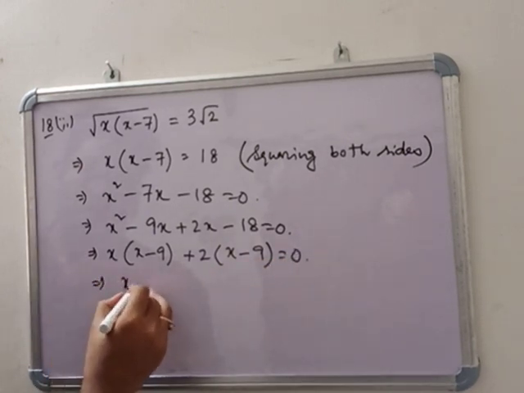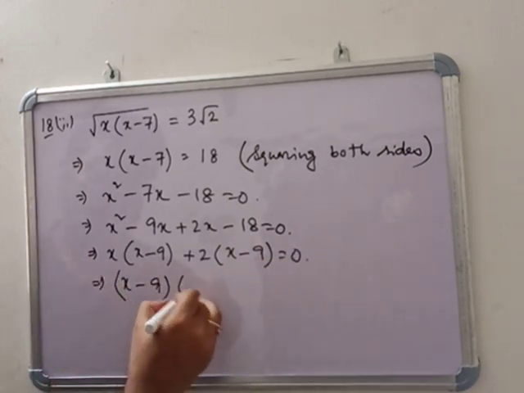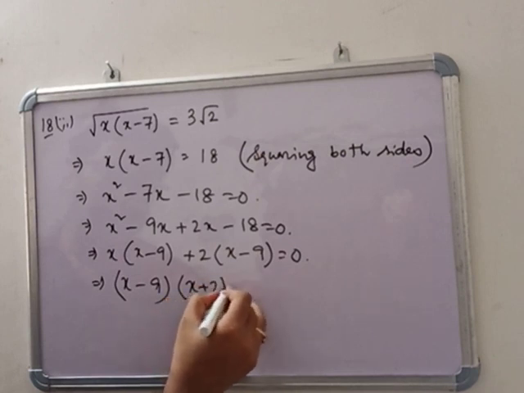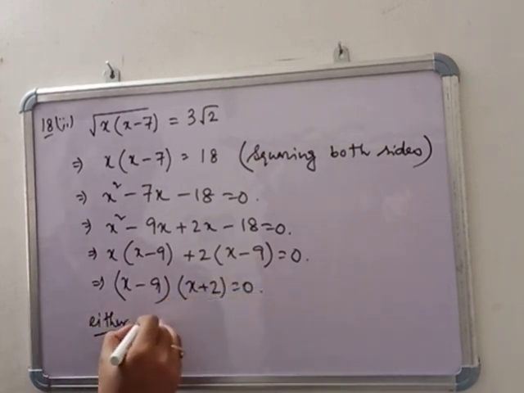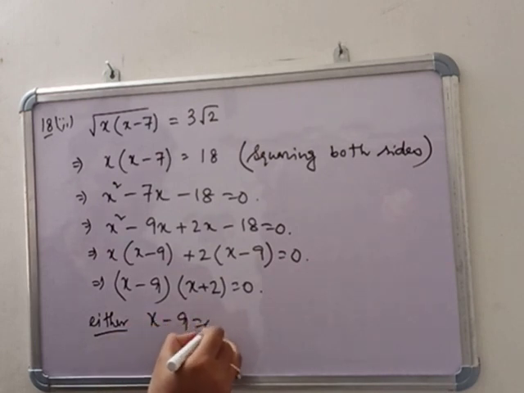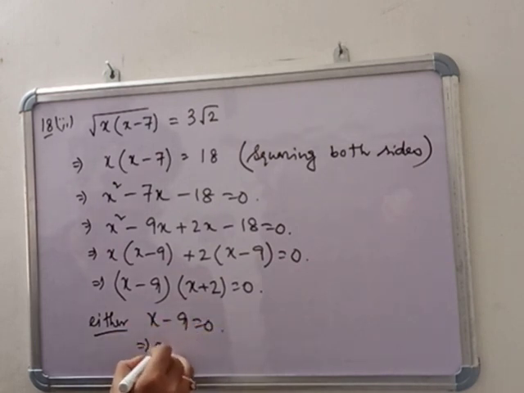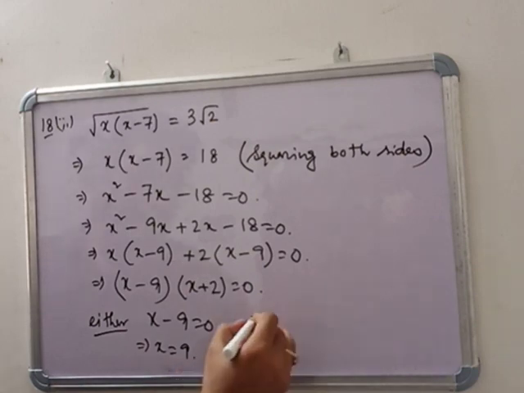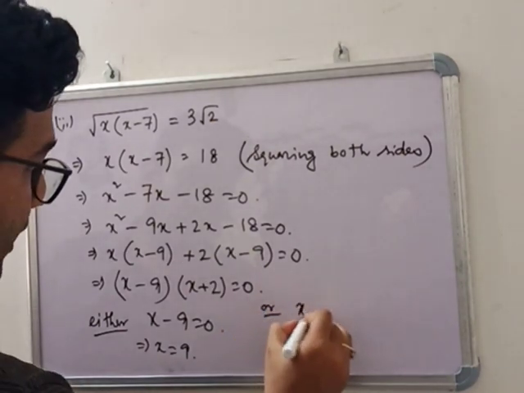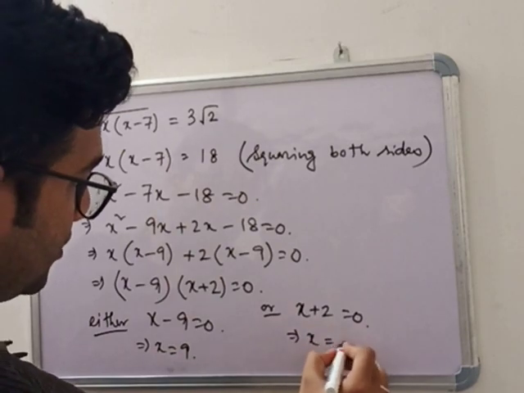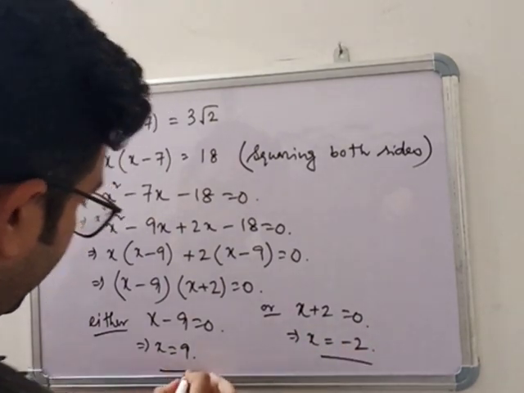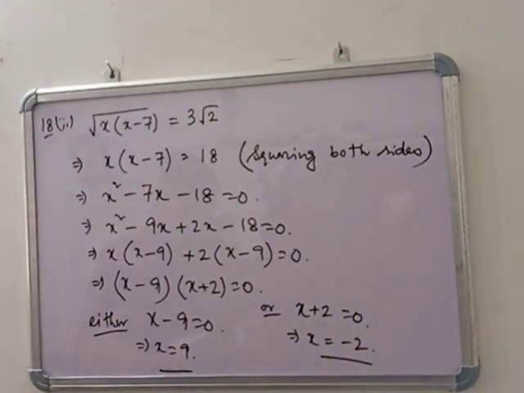So that means (x minus 9)(x plus 2) equals 0. Either x minus 9 equals 0 implies x equals 9, or x plus 2 equals 0 implies x equals minus 2. So here x equals 9 and x equals minus 2 is the answer. Note it down.